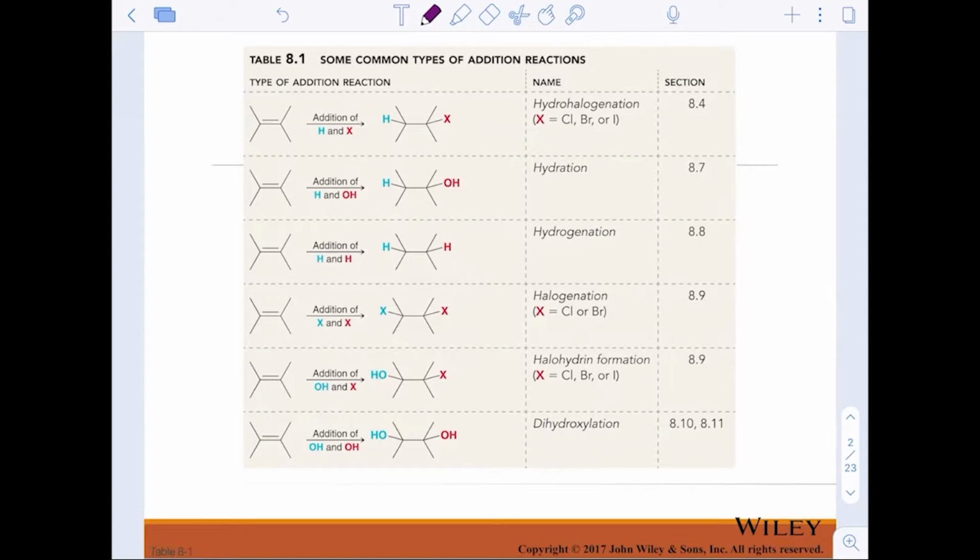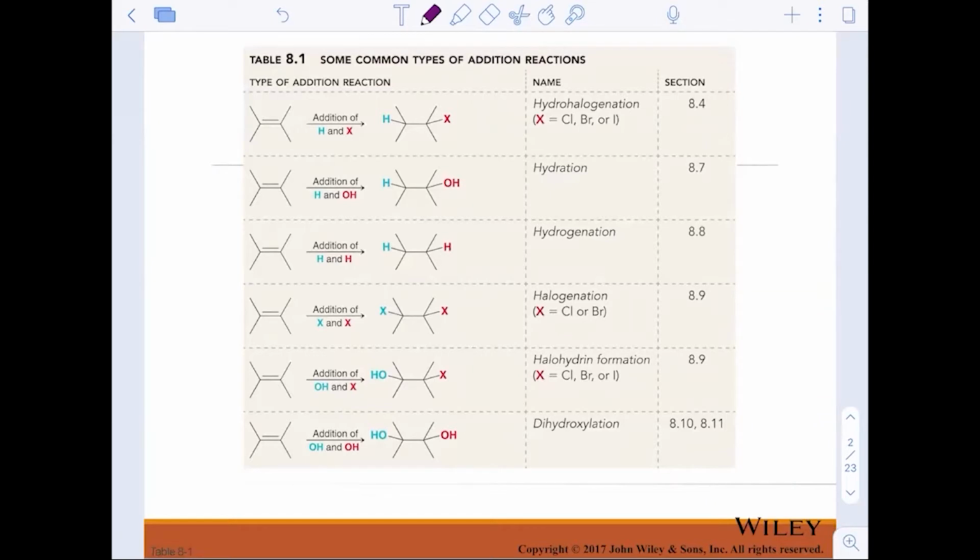We'll do a summary of everything in terms of substitution, elimination, and addition, and then we'll be able to start with our hydrohalogenation reaction. We'll go through a couple different hydration reactions during our time here in Chapter 8. We'll then go to hydrogenation, halogenation, halohydrin formation, and dihydroxylation.